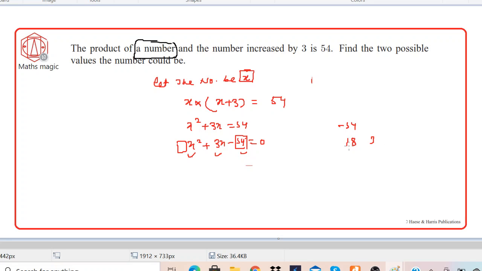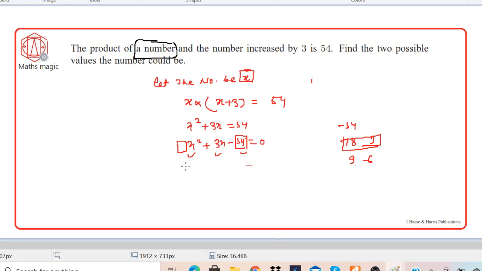But if you use 18 and 3, it will not give you 3, because we need 3 over here, so we have to look for another option. The other option is 9 and 6. 9 into 6 is 54, and we need 3, so you have to do 9 and minus 6. So 9 into minus 6 is negative 54 and 9 minus 6 is positive 3.